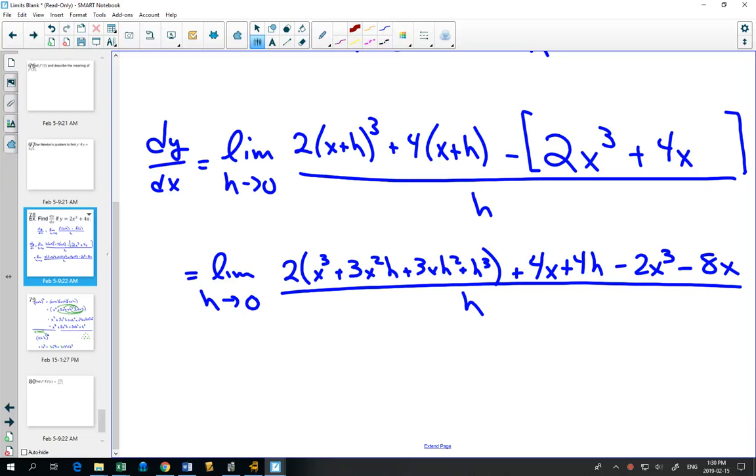And this 2 is going to get multiplied through to each of those.